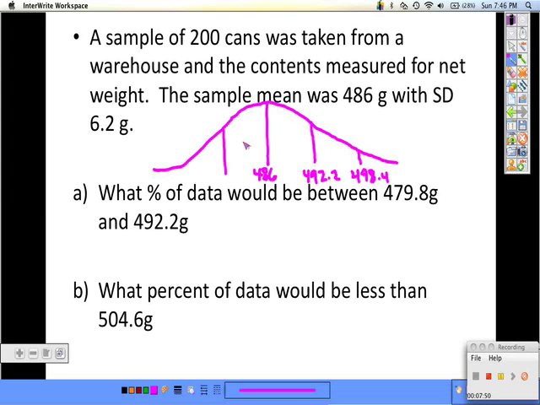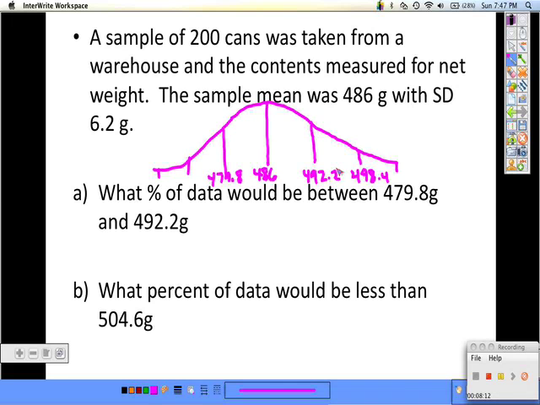And then going the other direction, we would have 479.8 as 1 standard deviation below, and you could keep filling in 3 standard deviations above, 2 below, 3 below.